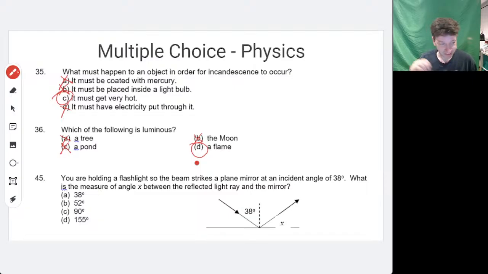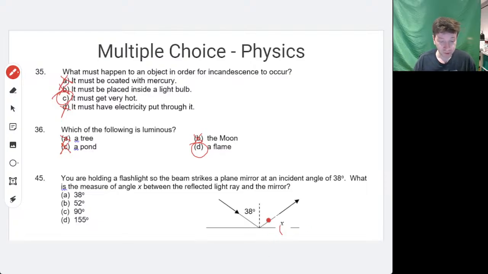Last multiple choice. You are holding a flashlight, so the beam strikes a plane mirror at an incident angle of 38 degrees, as shown right here. What is the measure of angle x between the reflected ray and the mirror?